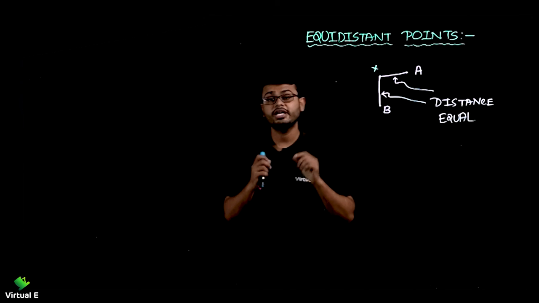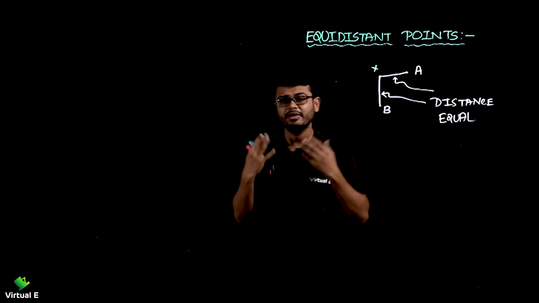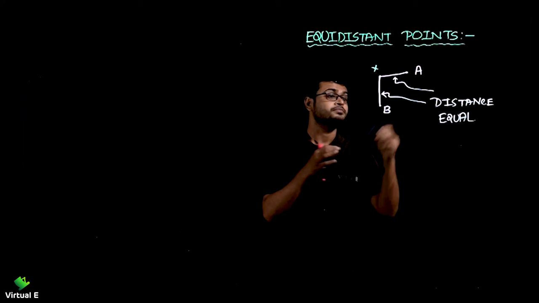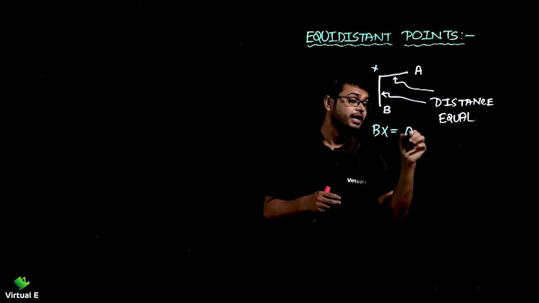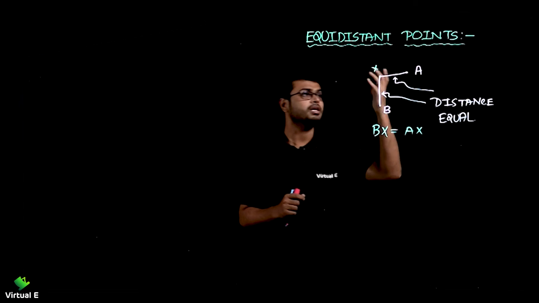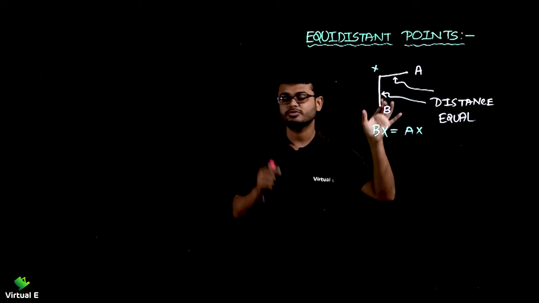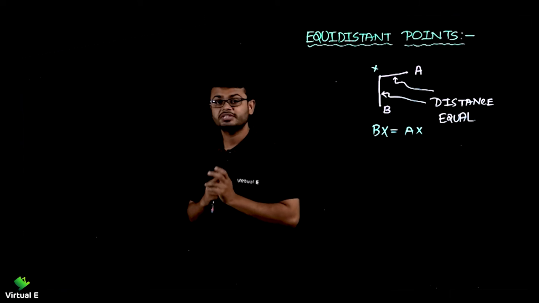Remember, this is what equidistance means. The condition for equidistance, if I want to write it in mathematical form, I can write BX is equal to AX. BX should be AX, meaning this distance and this distance should be equal. So this is the meaning of an equidistant point.